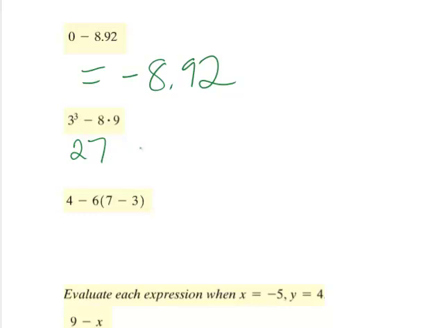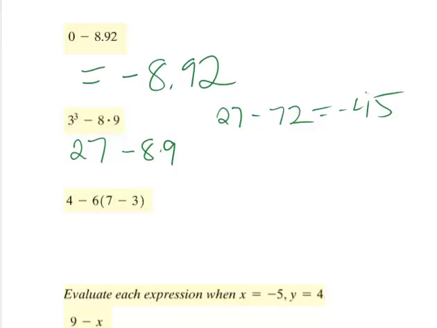That's 27 minus 8 times 9. I need to do my multiplication. So now I have 27 minus 72. And 27 minus 72 is a negative 45.